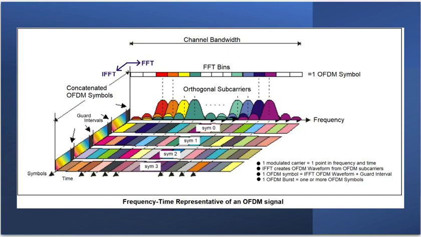It looks like a signal with high peaks, but the average signal is much lower. Sometimes the ratio of the peak signal to the average signal could be on the order of 12, 13 dB. So what this means for the transmitter amplifier is it now has to operate in a highly linear range, which will effectively mean less transmit power.